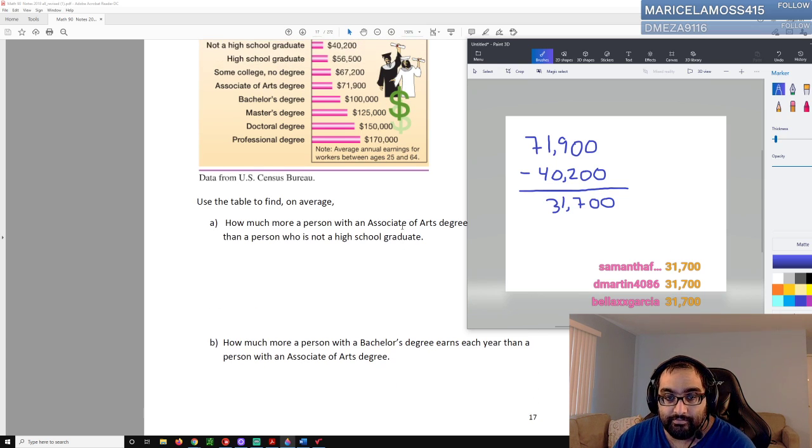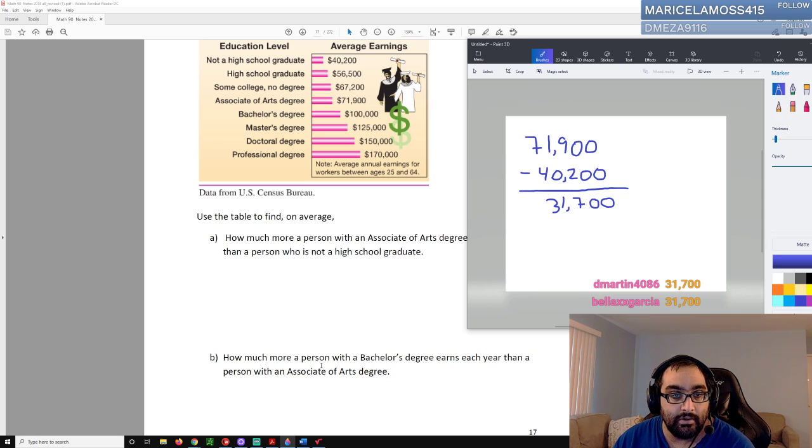Okay, let's look at letter B. Letter B says, how much more does a person with a bachelor's earn than a person who has an associate's? So a person with a bachelor's than a person with an associate's.